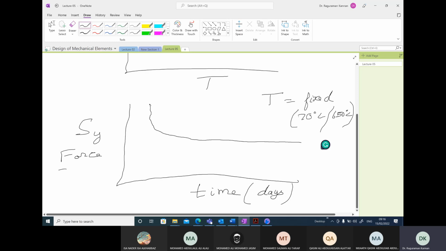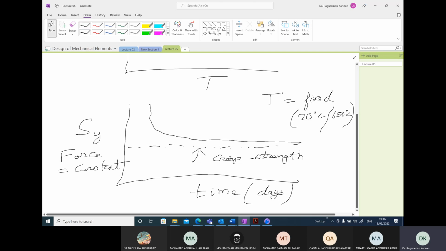Okay, force is constant. We are going to assume by applying a constant load over a very long period of time, what you observe is that the yield strength of the material goes down and it reaches a certain minimum value. So in the case of plastics too, it will reach a minimum value, and this yield strength we are going to call the creep strength of the material.